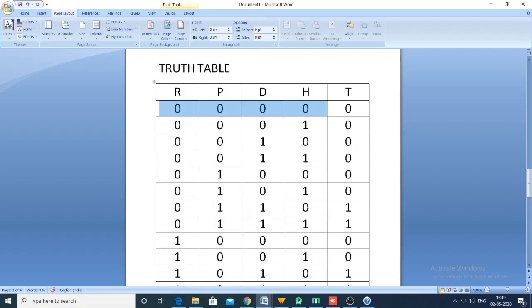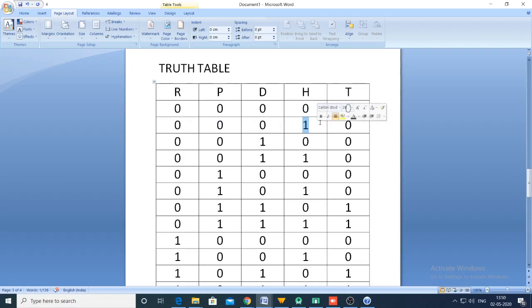Now the next term: how can we get 0? If I add all those 4 variables straight away, I won't get 0 here, I'll get 1. So in order to get 0, R should be added in its form, P should be added in its form, D should be taken in its form, but H we should not take in its present form.